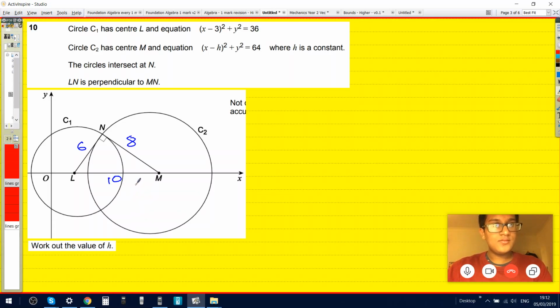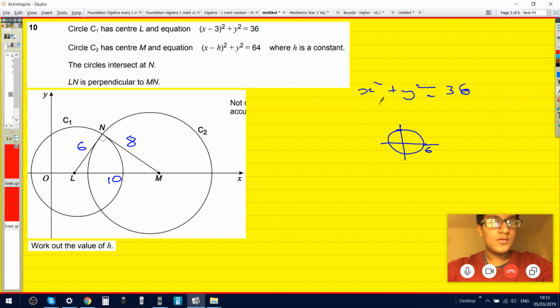Let's say the L one. So the radius is 6. So if it was x squared plus y squared equals 36, that would be a circle like that, and that would be 6.